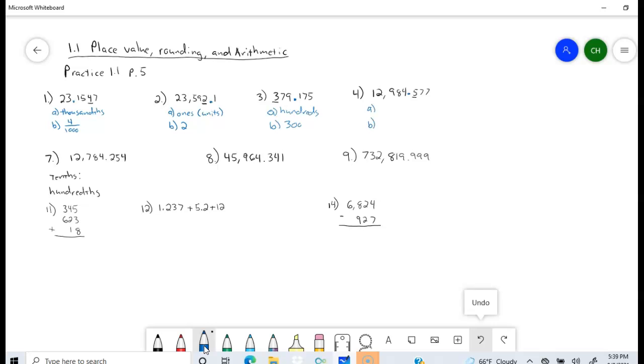Decimal place is right here. Here's my ones. So ones, tenths. And its value is 5 tenths.